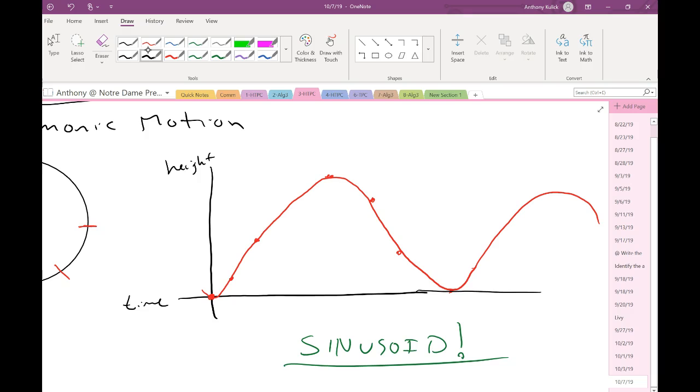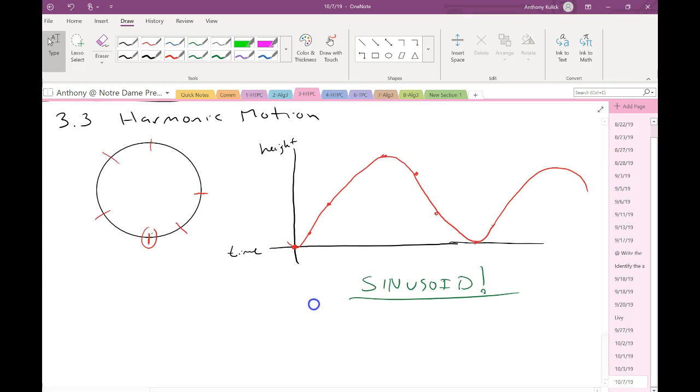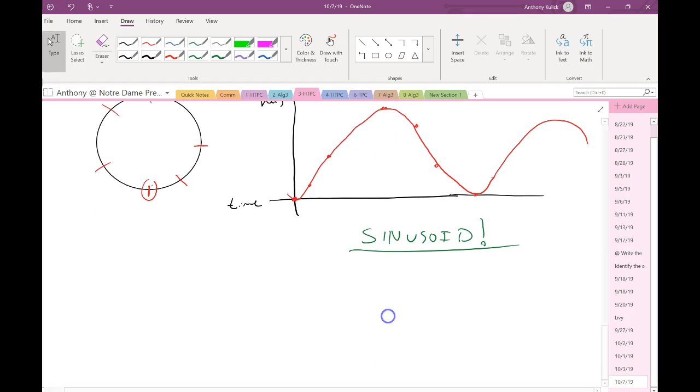Is everybody okay with that? Because on multiple trips around this Ferris wheel, the heights are going to be the same again, right? Those are not going to change. We're going to get that repeated periodic behavior like we'd expect from a sinusoid. Okay.